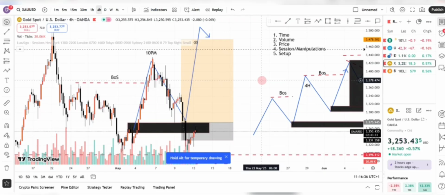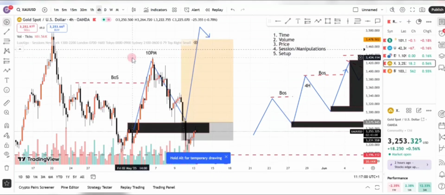Some say they only trade the London session, and some say they only trade the Asian session. So know your time, your trading window. The reason you have a trading window is because you are expecting volume and momentum. Then you want to look at price.